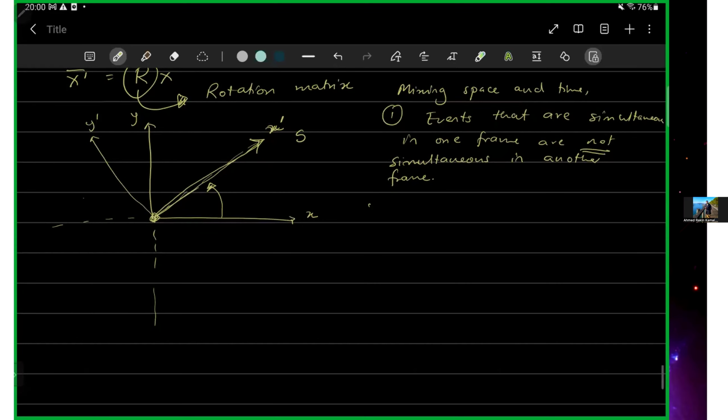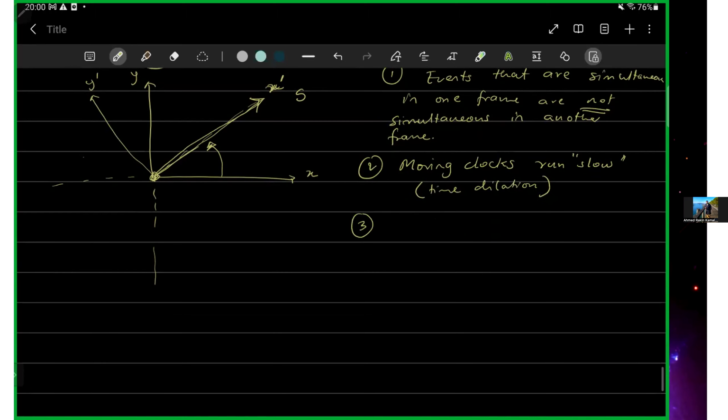Number two, this also gives rise to the fact that moving clocks run slow, which is also called time dilation, which is an implication of special relativity.